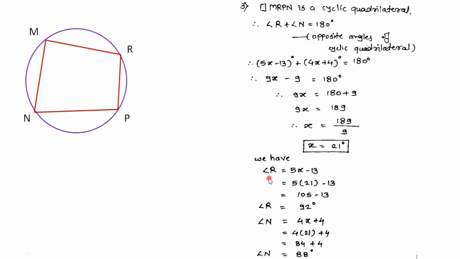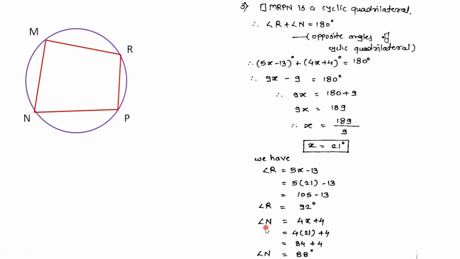Now to find the measure of angle R, we have angle R is equal to 5x minus 13. So we have to replace x by 21, as we have found the value of x is 21 degrees. So 5 into x, that means 5 into 21 minus 13. 21 into 5 will be 105 minus 13, that is equal to 92 degrees. So the measure of angle R is 92 degrees.